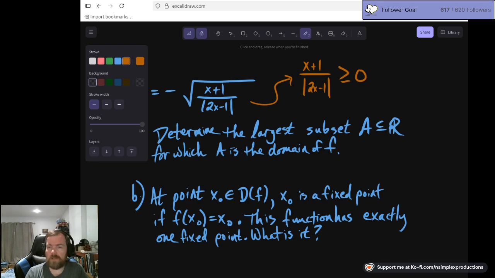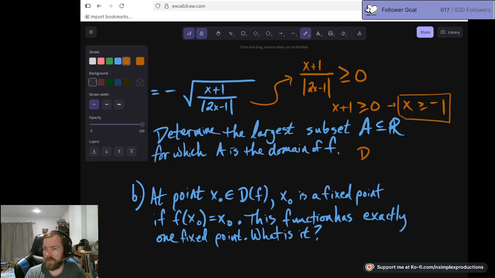Since the absolute value at the bottom is always going to be positive, we can multiply that across, and we just get x plus 1 is greater than or equal to 0. Which means that x is greater than or equal to -1.